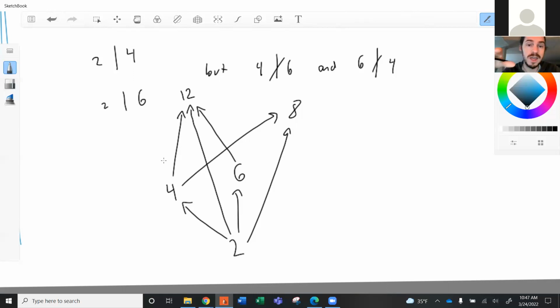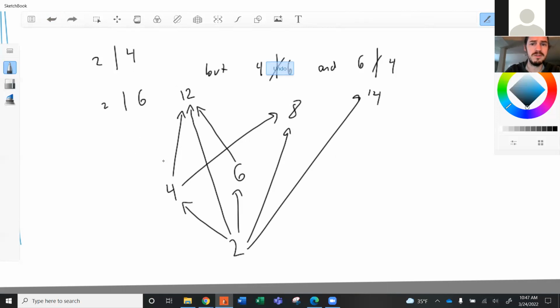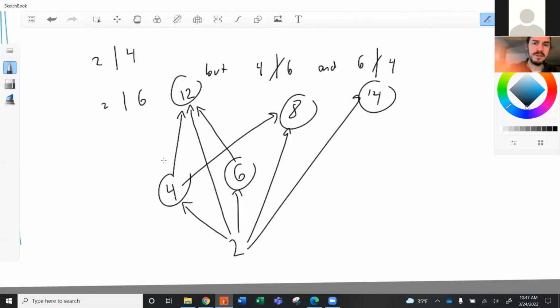But not all the connections. 14 would be up here on its own; none of these things would have arrows going to 14 because none of them divide 14. So you have this intricate connection where you can say 2 is less than all these other things via this partial order, right? But these other things are not necessarily comparable to each other.